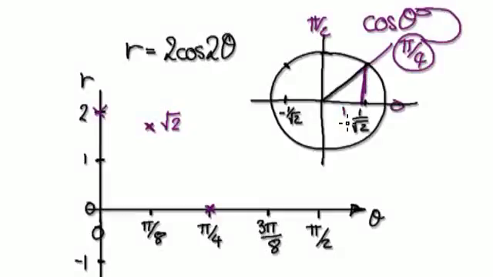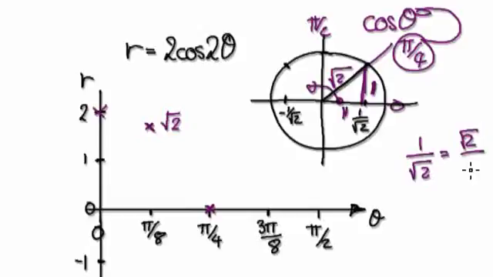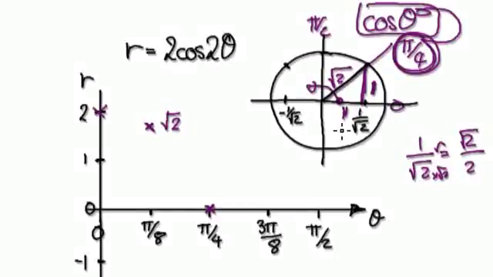It's like having a triangle with sides 1 and 1, so the hypotenuse must be the square root of 2. Cos would be 1 over root 2, or root 2 over 2, because you can multiply top and bottom by root 2.